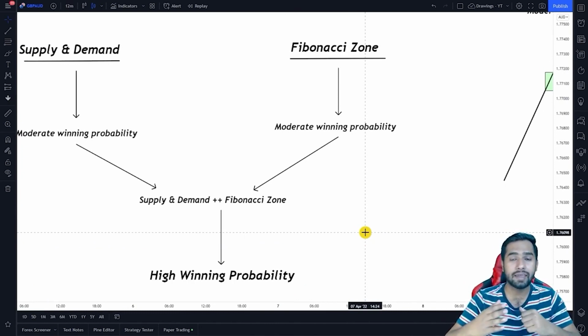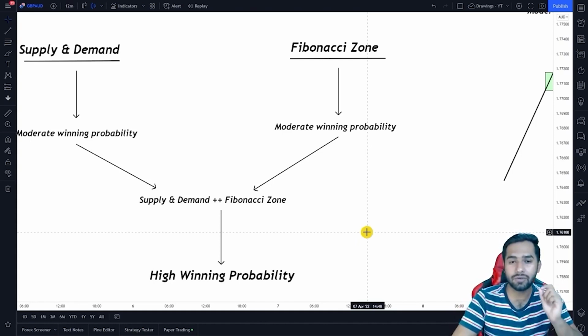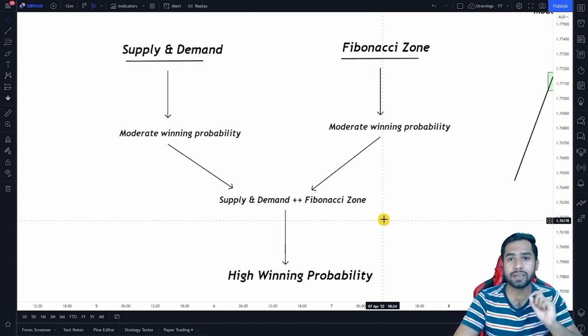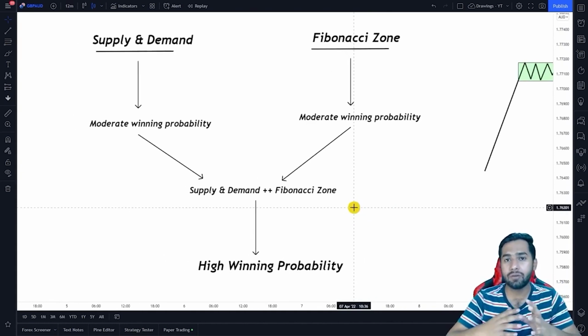But in the end, if you, let's say, have added 5 to 6 confluences, then you are hardly going to find any trading setups that meet all the requirements or all the confluences that you have added. So make sure not to overdo it, because that can also decrease your trading opportunities.